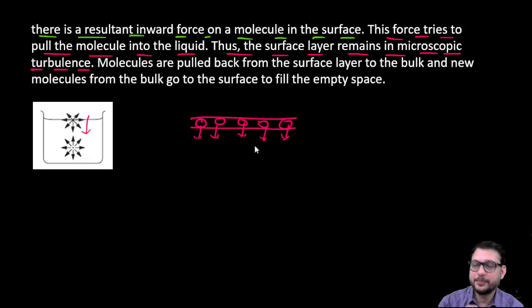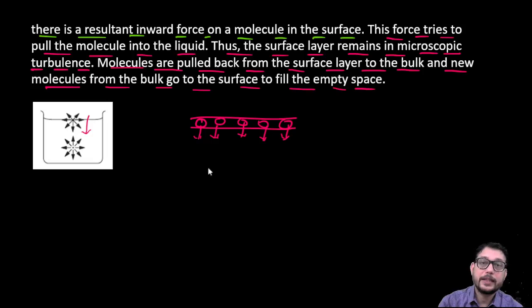It means we can simply say that the surface will be in a condition of turbulence, meaning vibrations. Molecules are pulled back from the surface layer to the bulk, and new molecules from the bulk go to the surface to fill the empty space.